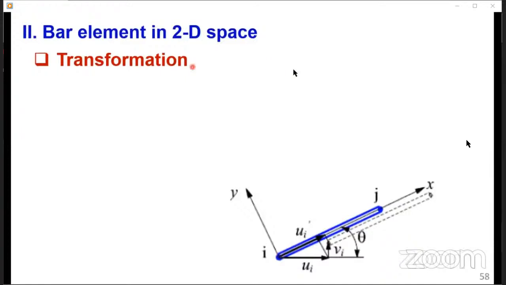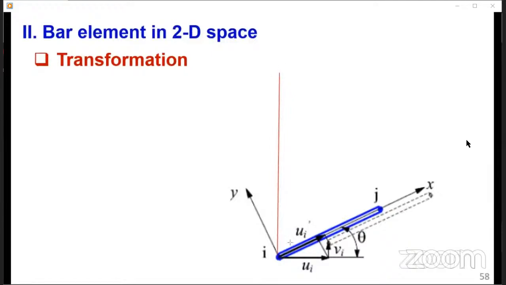If you look at this element, it's the same element that we have, but now I've positioned it here. So let's first plot the axes. Let's first plot the global coordinate system.